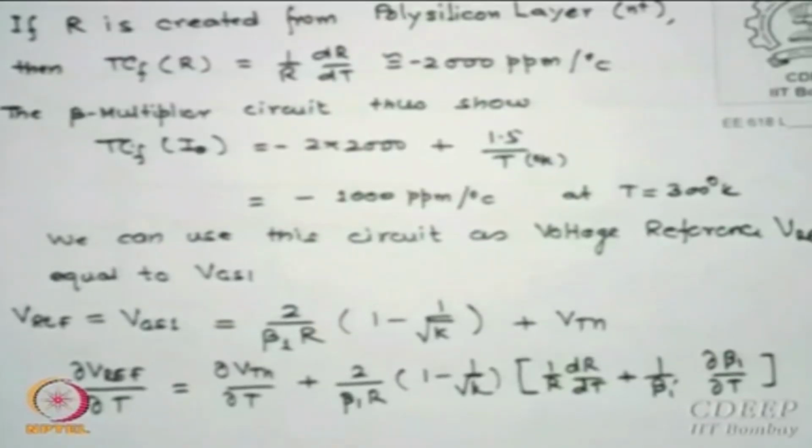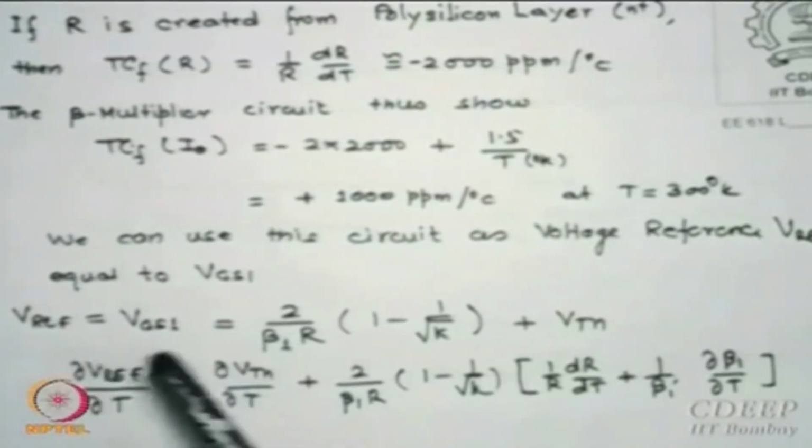Oh sorry, this will be plus, I am sorry. 5000 minus 4000, so you have 1000 ppm per degree centigrade as TCF for I0 at 300 degree Kelvin. Now, very interesting thing, I am going to show you why beta multiplier became very popular also. How much is TCF? Around 1000, that means reasonably within your limit. Preferably I want 0, but at least it is not very bad.